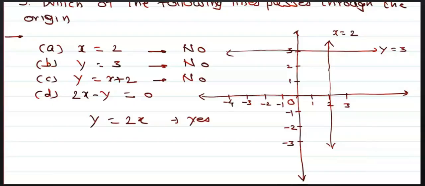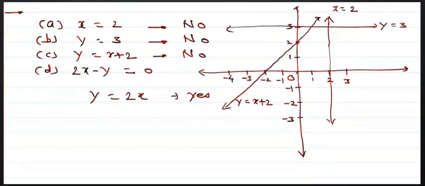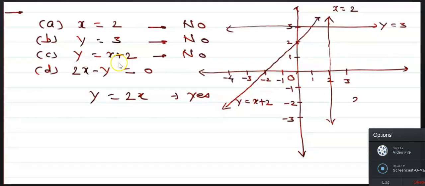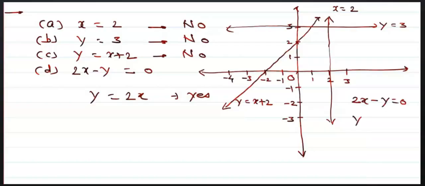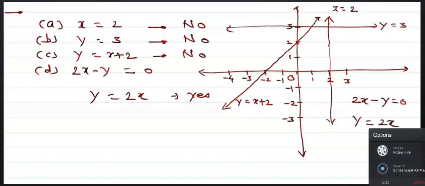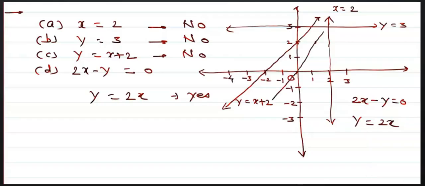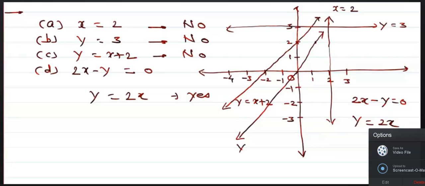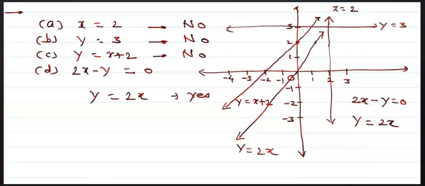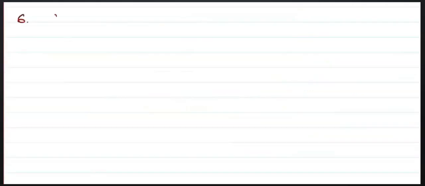And next is y is equal to x plus 2. This is the equation of a line whose y-intercept is 2. And last is y is equal to 2x. This is the line which passes through the origin. This is the required line. Only one line passes through the origin.